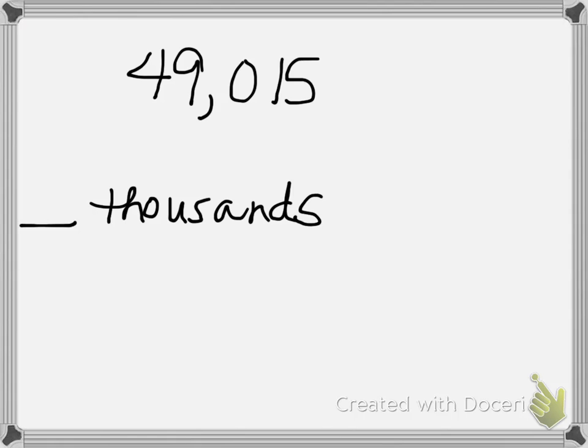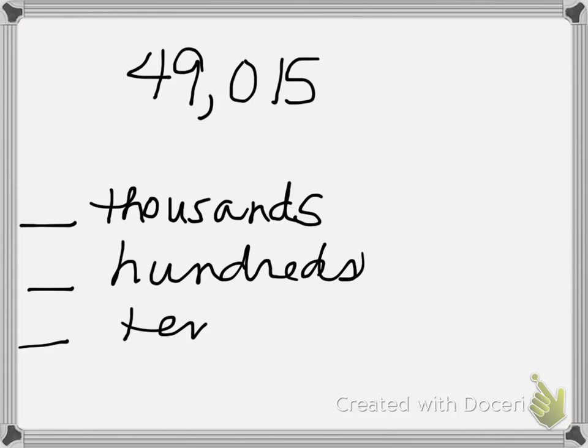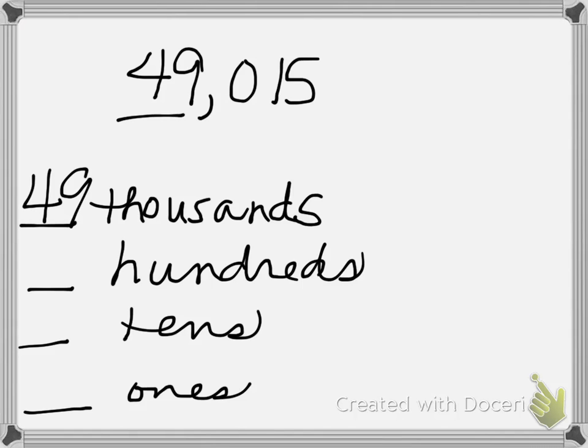How many hundreds? How many tens? And how many ones? Okay, so we have 49 thousands, 0 hundreds, 1 ten, and 5 ones. So you just fill in the blanks there for all of these numbers.